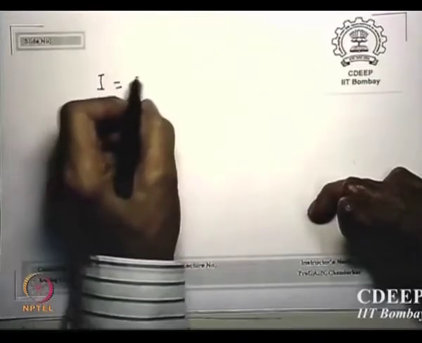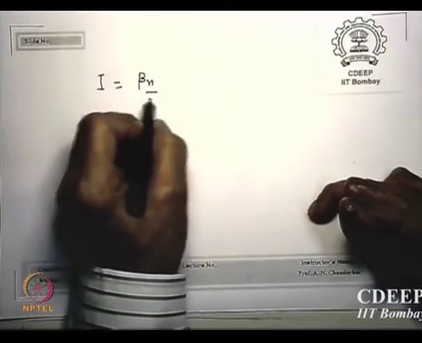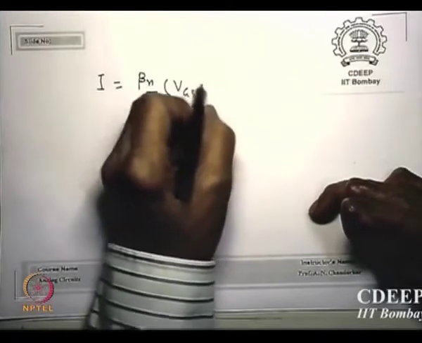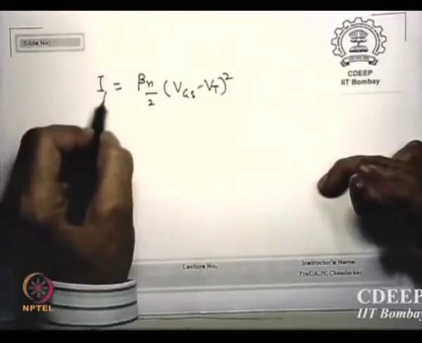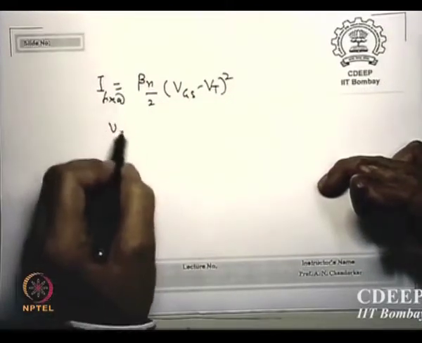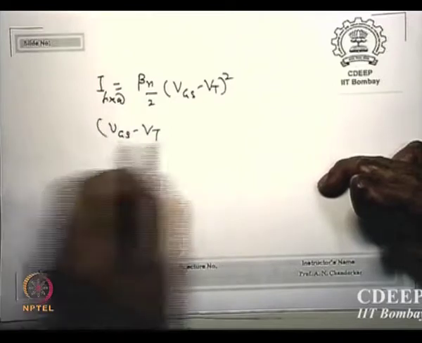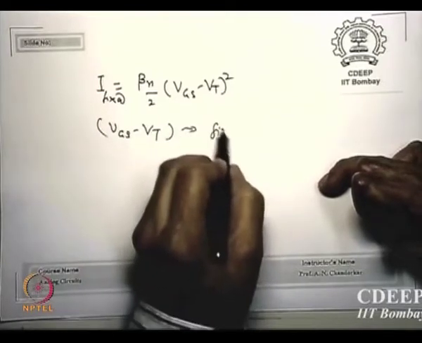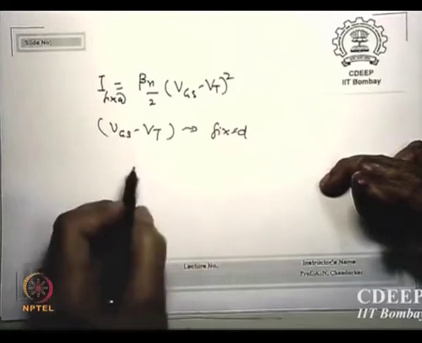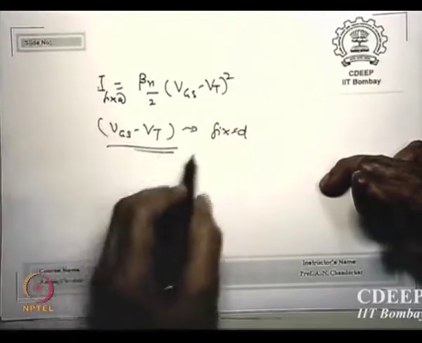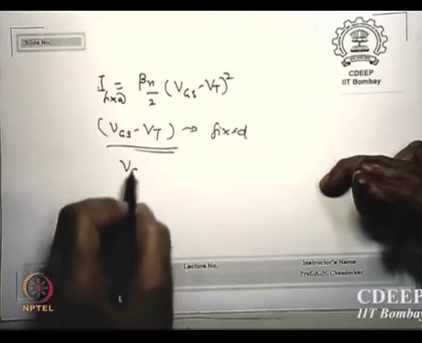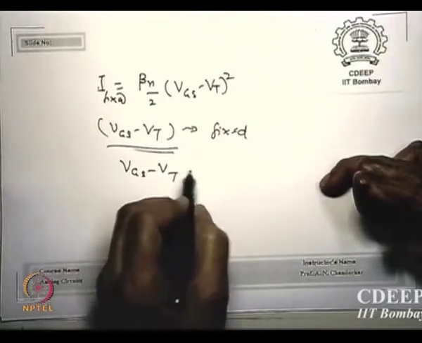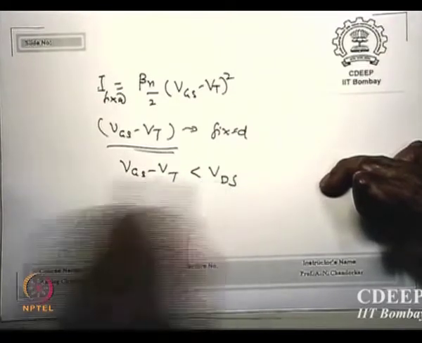Capital I, if the device is in saturation, assuming lambda is 0 right now. So if I is fixed, VGS minus VT is fixed. We choose I such that VGS minus VT is always less than VDS.